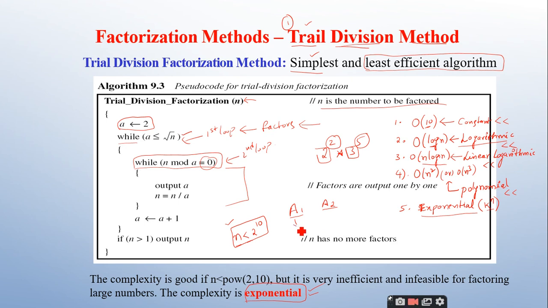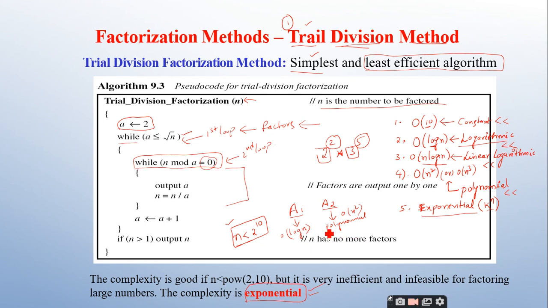Now if I evaluate algorithm A1, I get the time complexity as log n. And if I evaluate A2, I get polynomial time complexity, which is big O of n square. Let us assume this. A1 has logarithmic time complexity and A2 has polynomial time complexity.